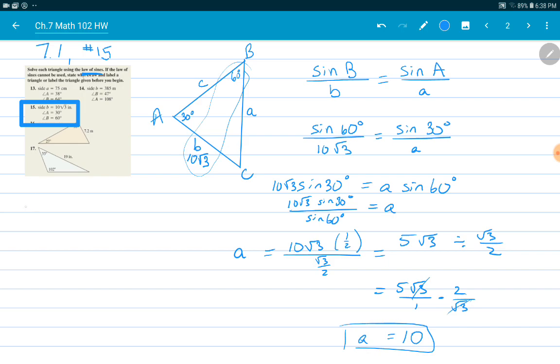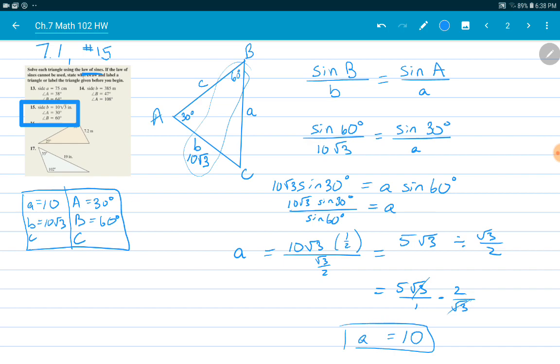So I'm solving the whole triangle, so I'll go ahead and make a table here with my sides and my angles. And I have side A equals 10. I have side B equals 10 radical 3. I have angle A equals 30, angle B equals 60.